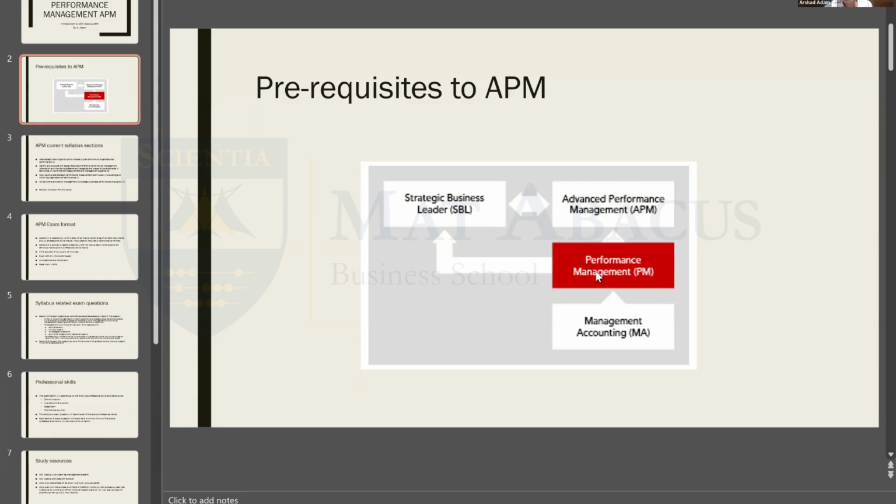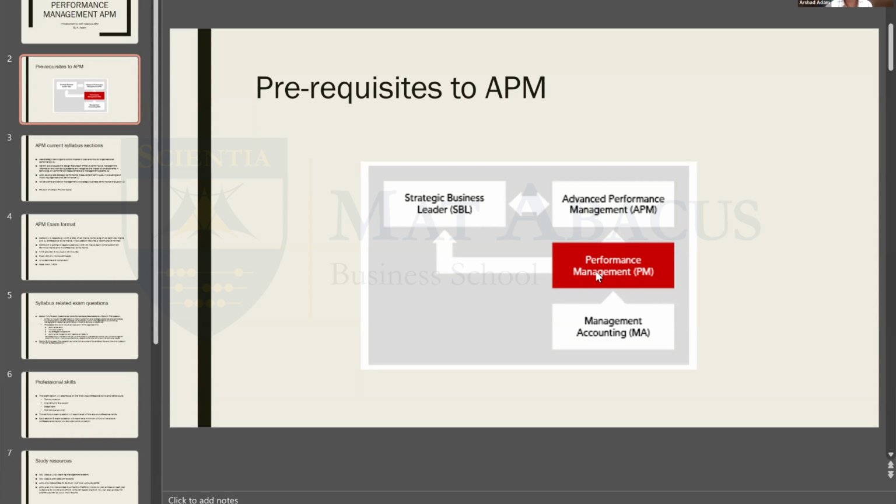But if you could do some of the review on your own, rather than just wait for the class to review, you will get yourself into APM with less difficulty. Of course, we will do the revision at some point in time, but the syllabus is big. So you may find that a particular revision, let's say on activity-based costing, happens after the 6th lecture or after the 7th lecture to align with the syllabus.